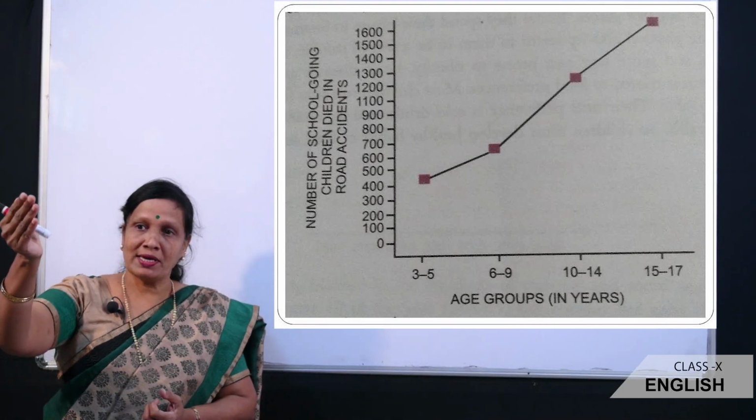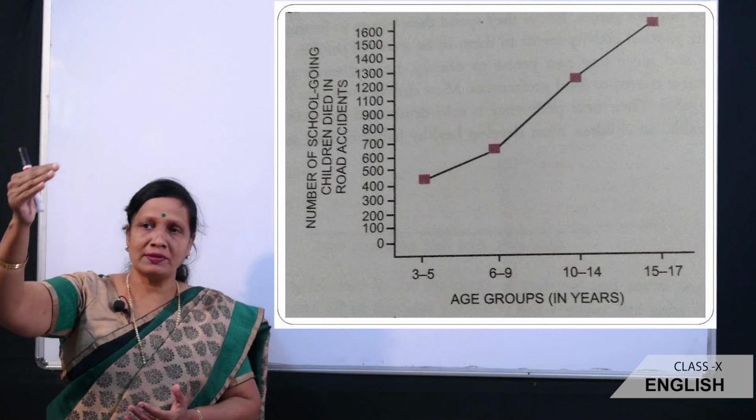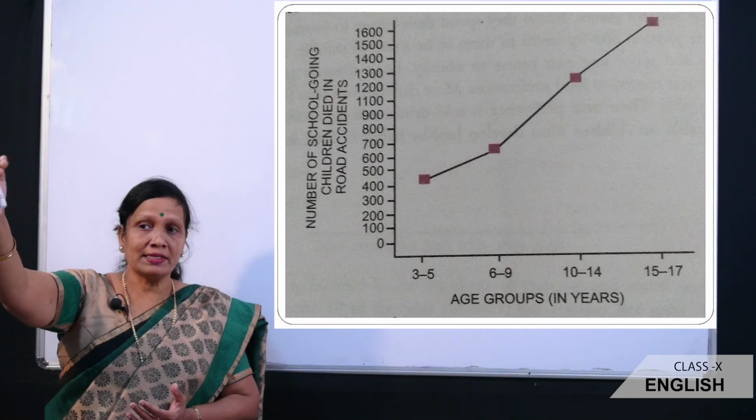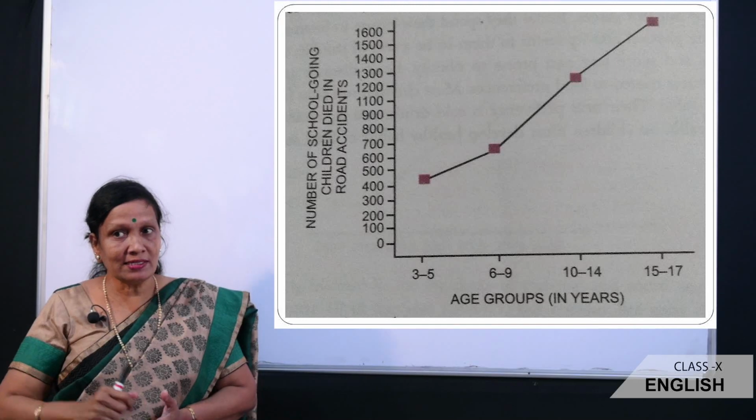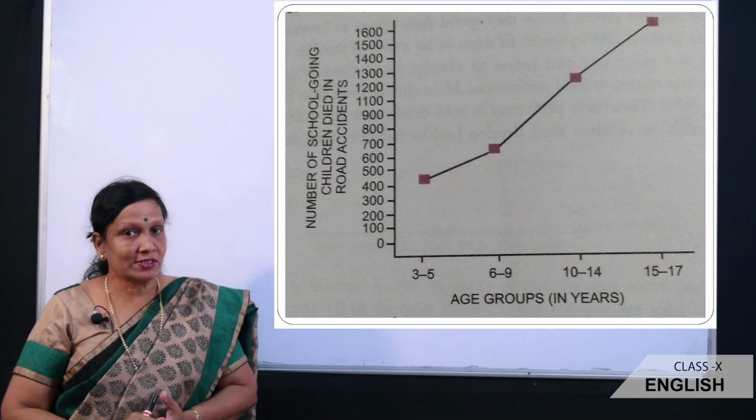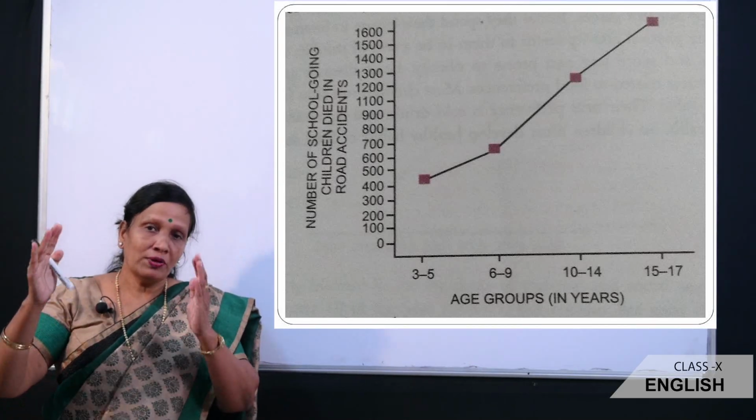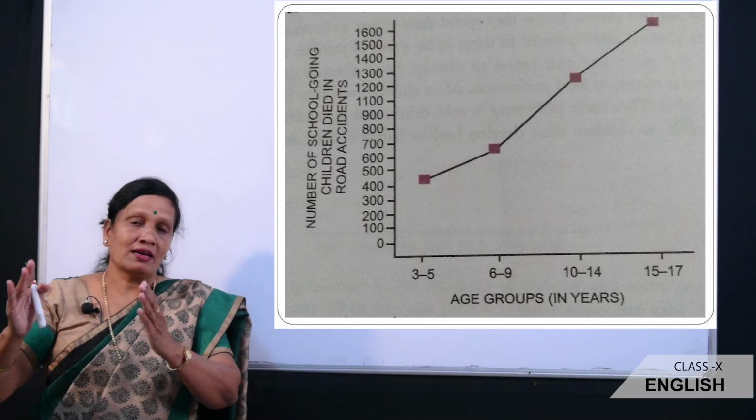So like you can say 400, and then it goes up and then it goes up, and look at the age group for 15 to 17 years, it goes up even to 1600. So you need to analyze the graph very carefully.